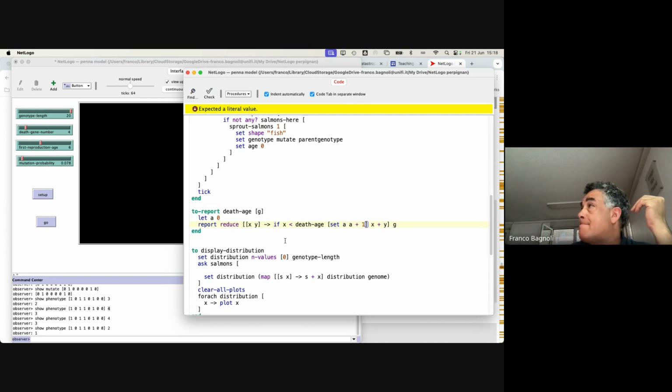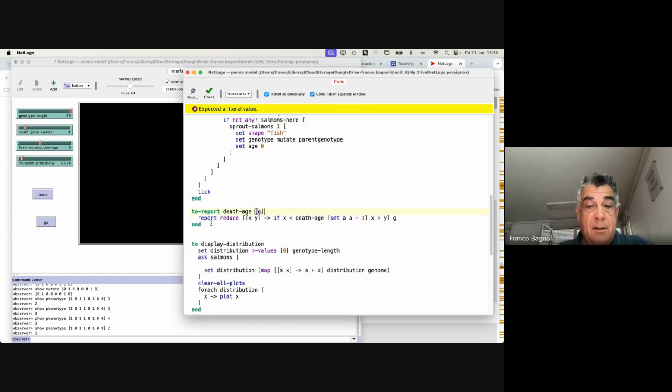So let me do another thing. So first of all, we produce the cumulate of this, no? So not reduce. But let's try with a for each.